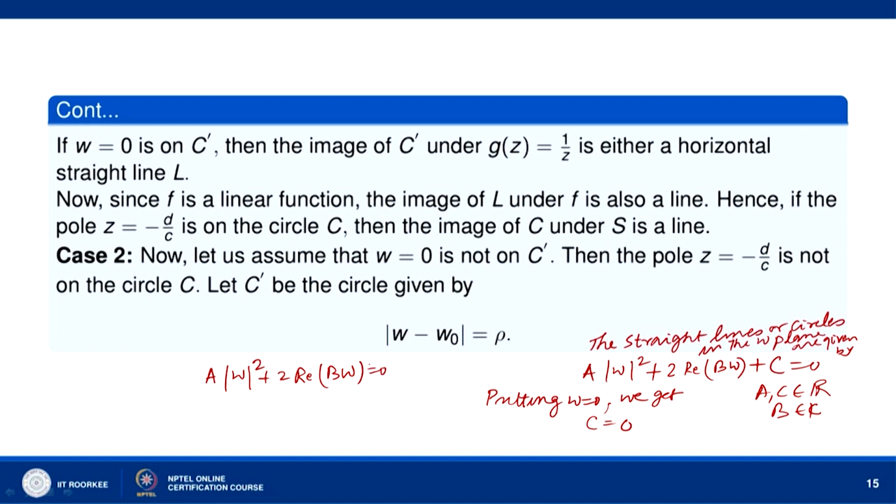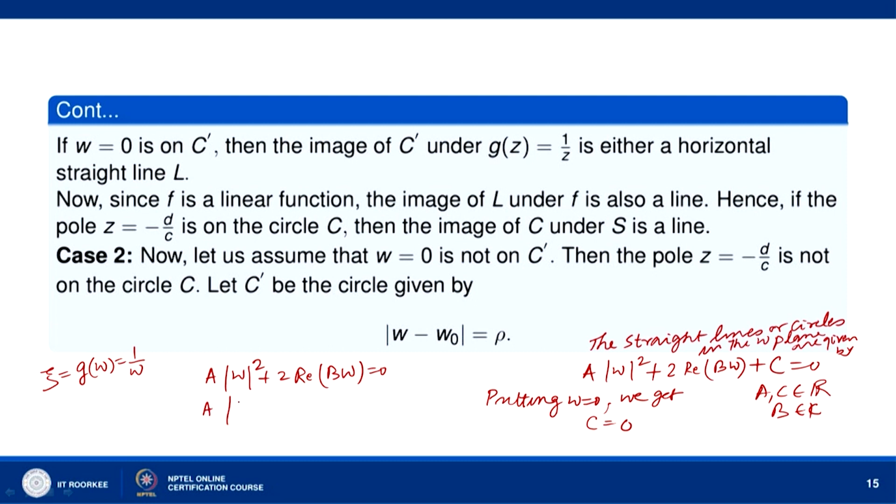Now, let us see the image of this circle under the transformation G(z) equal to 1 by z. So, let me say that xi is equal to G(w) equal to 1 by w. So, from w plane we are now going to xi plane. So, xi is equal to 1 by w. So, we put w as 1 by xi here.